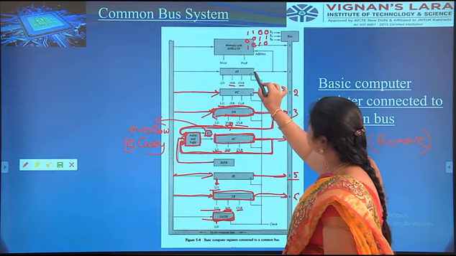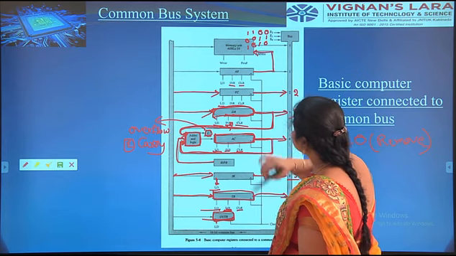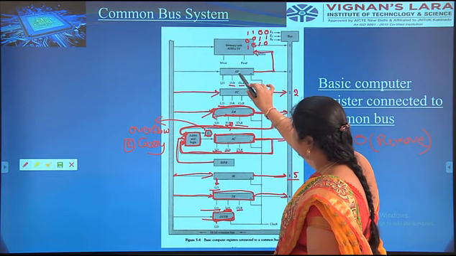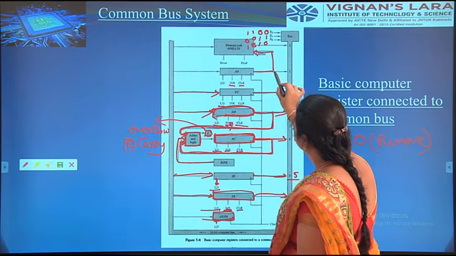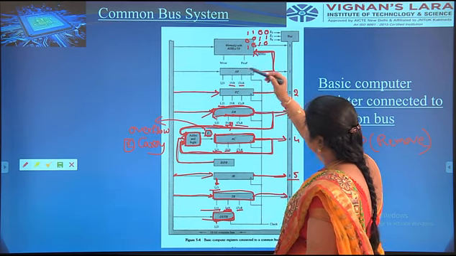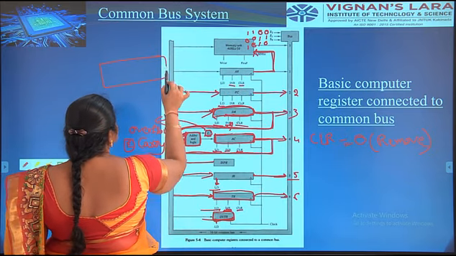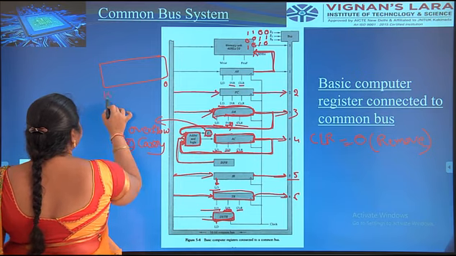The address register transfers the information to the memory unit. That's why the connection is made from the address register to the memory unit. We already know the instruction format contains 16 bits, 0 to 15.